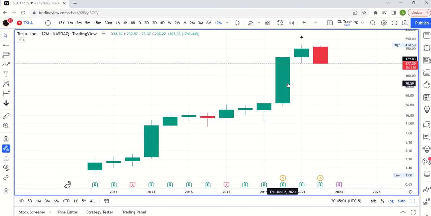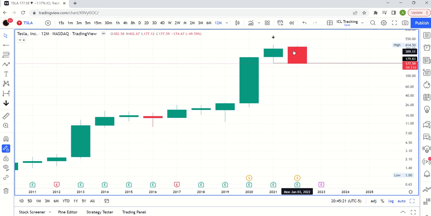So not quite a 10x, but just buying the open and selling the close in 2020, you made a lot of money, right? And that's where all the price action happened, right? So again, this 1, 2, 3, 4, 5, maybe you could even argue 6 years of kind of doing nothing, then an explosion.